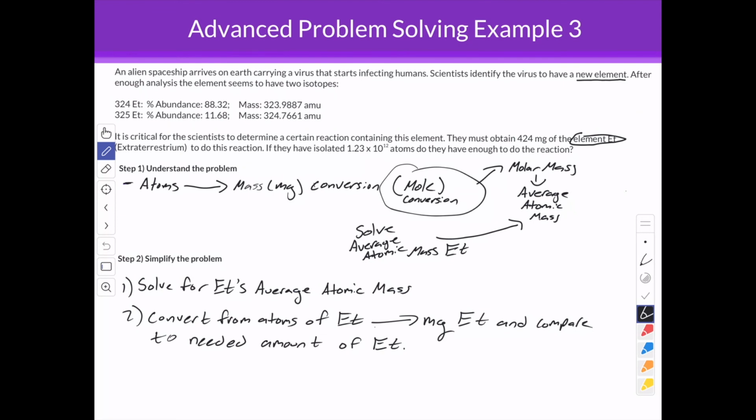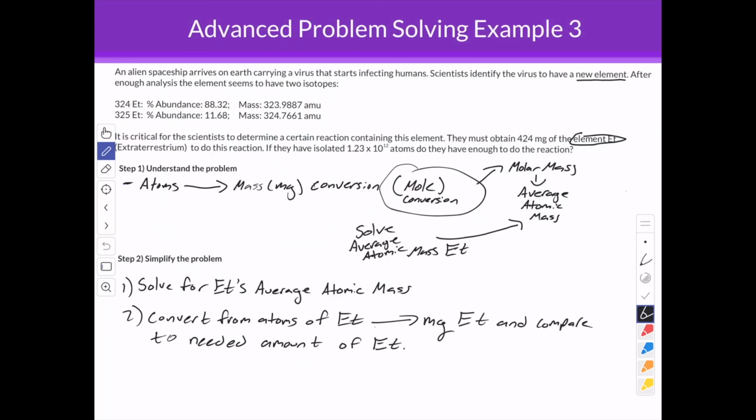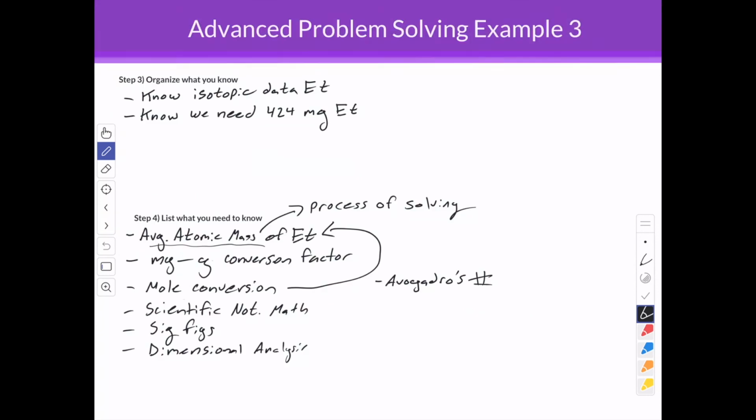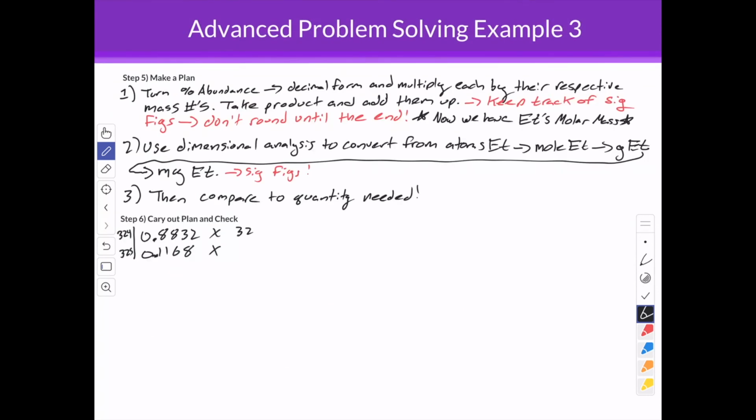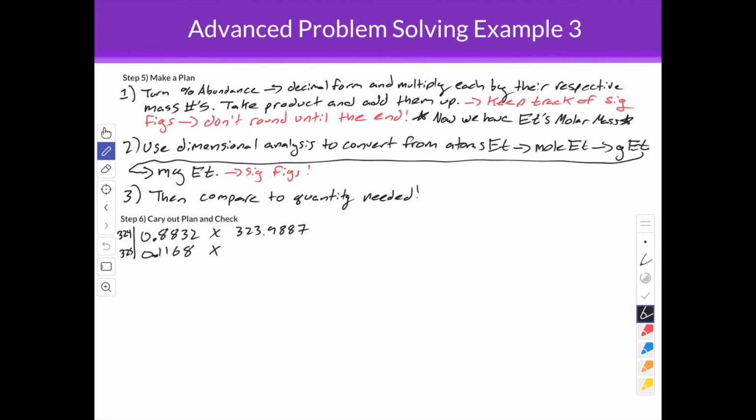They were 324 and 325. All right, we multiply those by the masses. Holy cow. 323.9887 and 324.7661. AMUs, we can leave off since it's not going to matter.